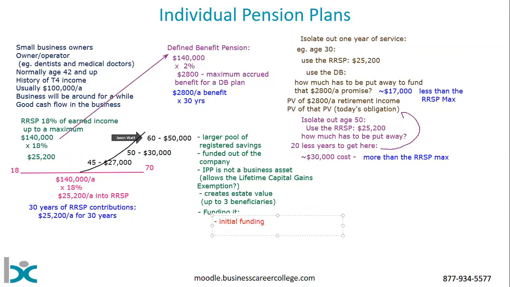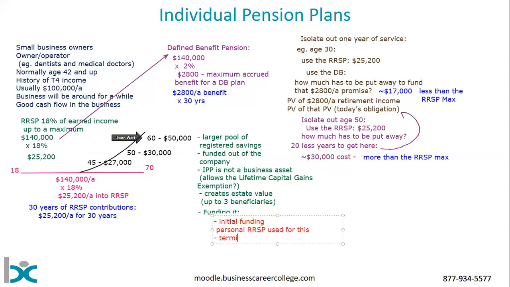What happens here is you take your personal RRSP, which would be non-locked in dollars, and that gets used to basically catch the IPP up, so that you would have to look at how much money would have to be there to fund the defined benefit pension that you've just set up for yourself, and do you have money in an RSP right now? If you do, you take that and you get that transferred into the IPP. That makes those non-locked in RSP dollars now locked in IPP dollars.